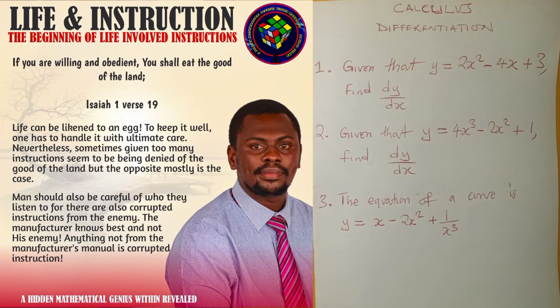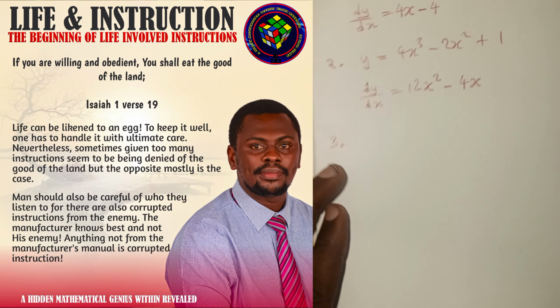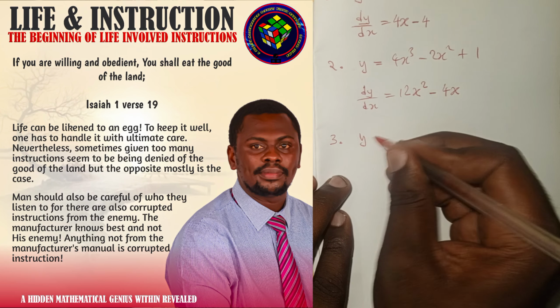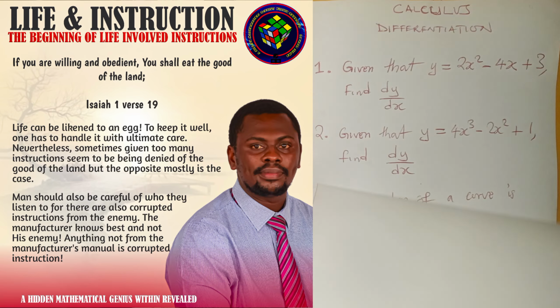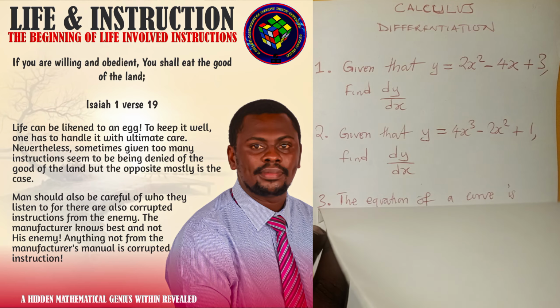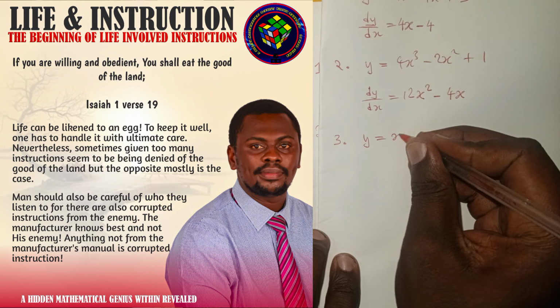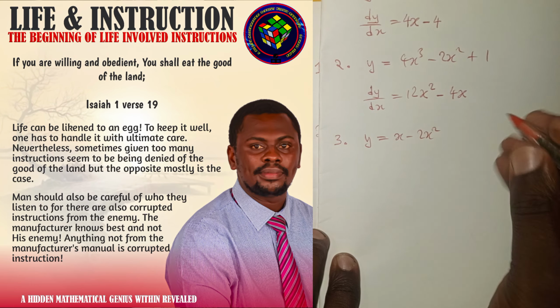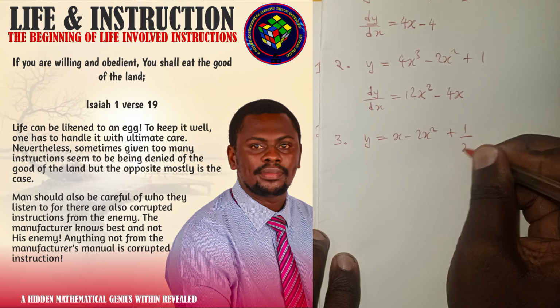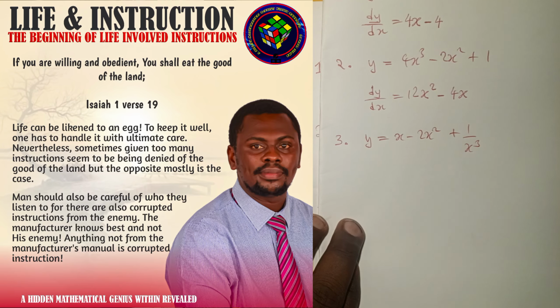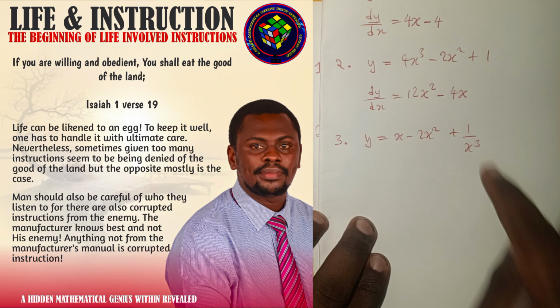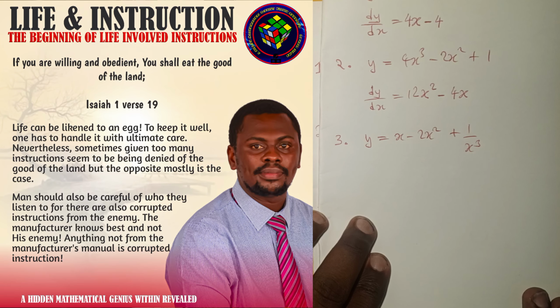Number 3, the equation of the curve is y is equal to x minus 2x squared plus 1 over x cubed. Okay, so here we have this 1 over x cubed.